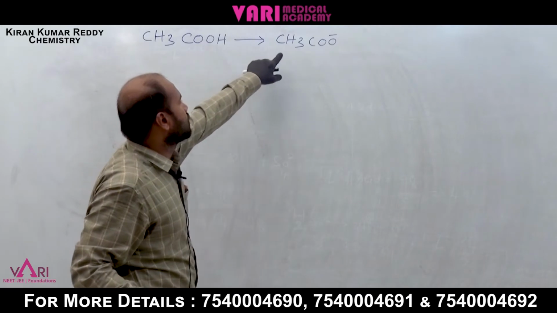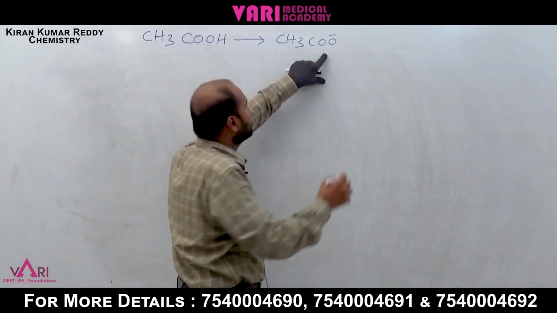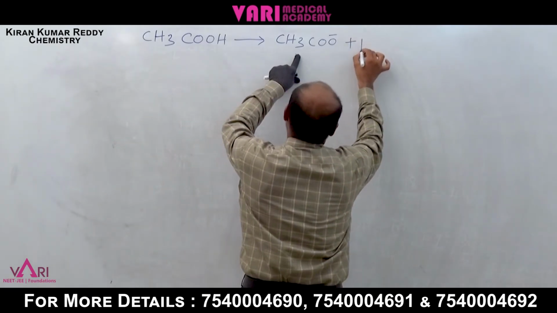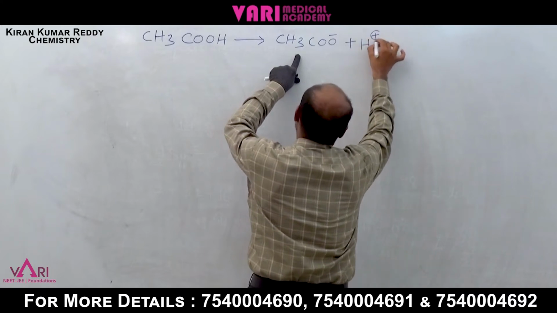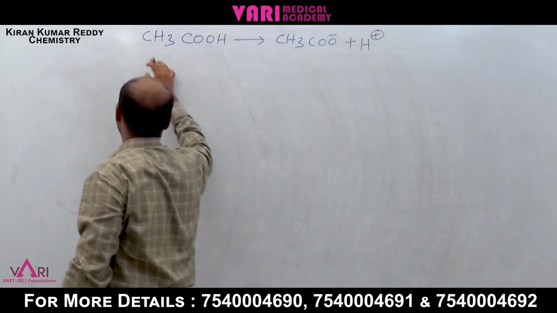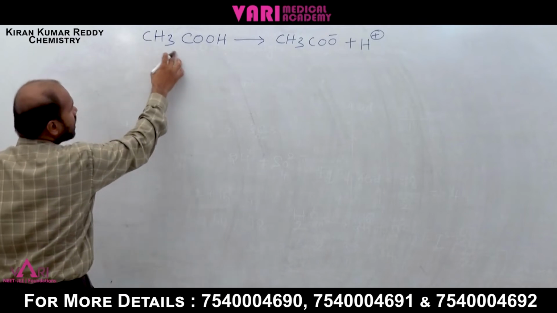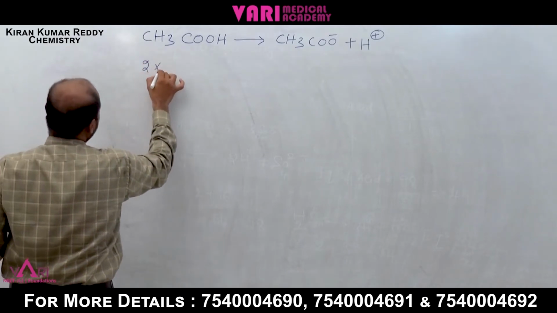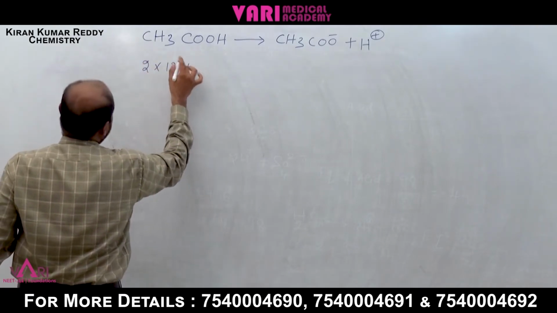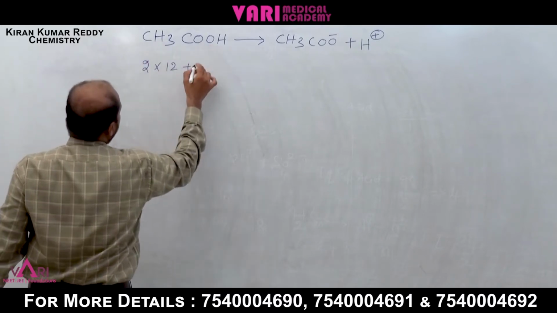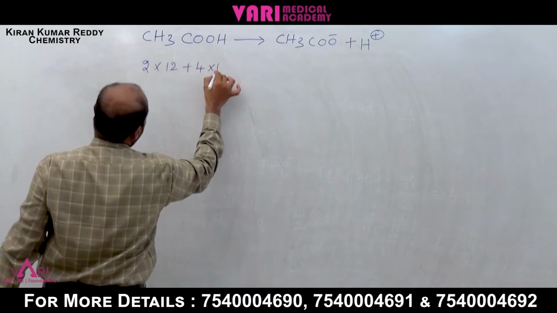CH3COOH gives rise to CH3COO minus and H plus. Now tell me, how many carbons are present? 2 carbons, 2 into 12, plus hydrogens 3 plus 1, 4 into 1.